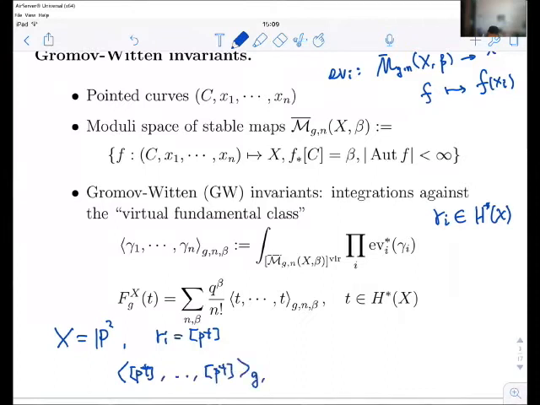Here d corresponds to d multiplied by the line class.